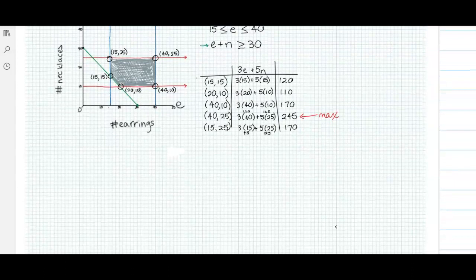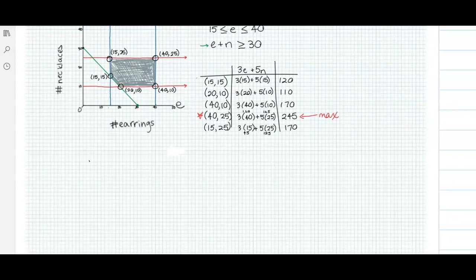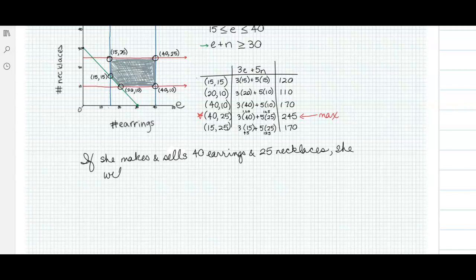So we would say that if she makes and sells 40 earrings and 25 necklaces, she will make a maximum profit of $245.